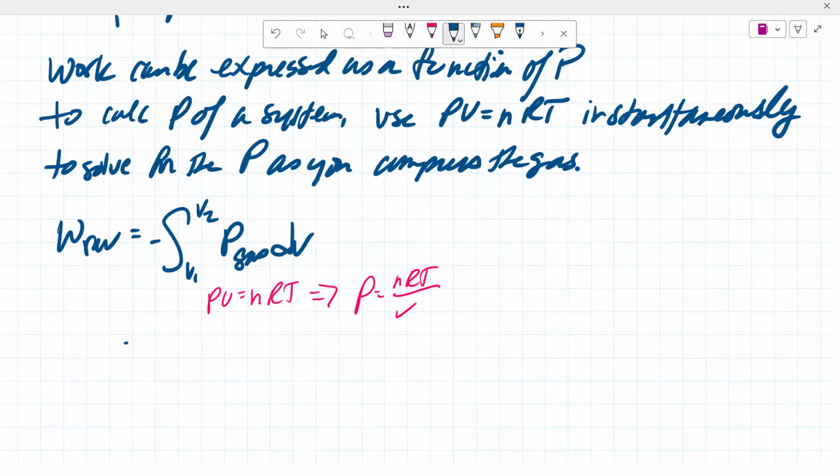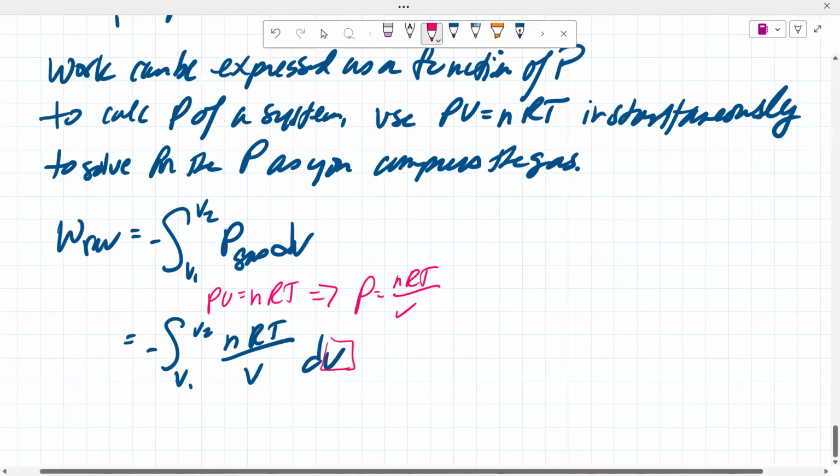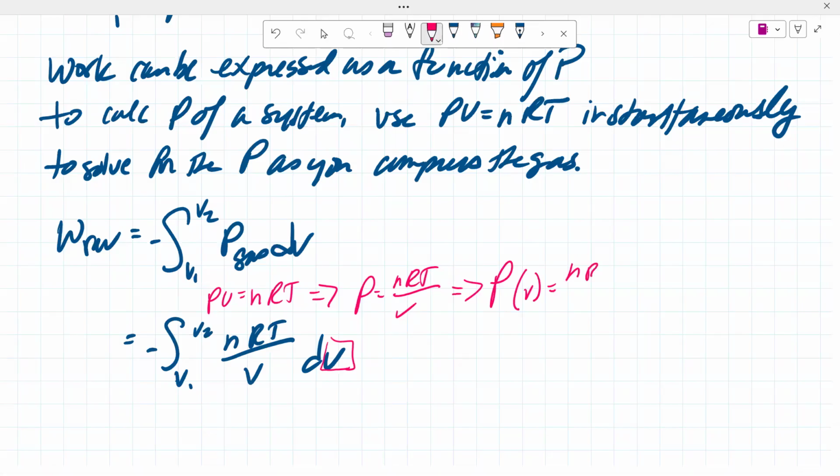All right, equals negative integral from V1 to V2 of nRT over V dV, right? Because I need this to be as a function of V. Okay, so there's our variable. In other words, I could actually write this as P as a function of V equals nRT times 1 over V, where these are the constants.